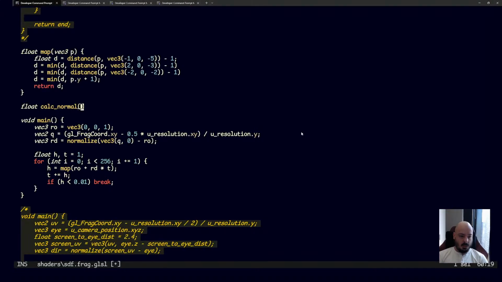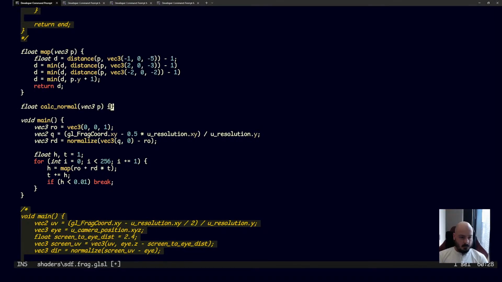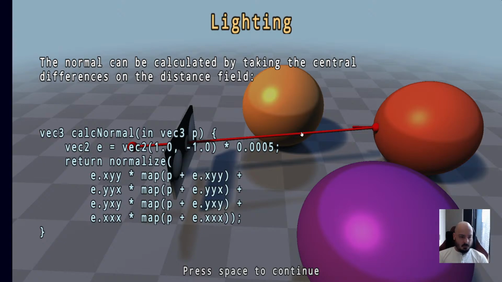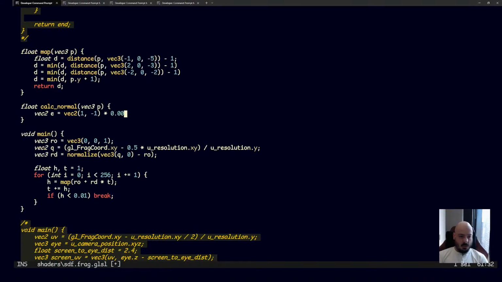So we need just a... Wait, why is this an in parameter? What does that mean? Does it mean it's going to be modified? No. I don't know what that means. So times 0.0005.